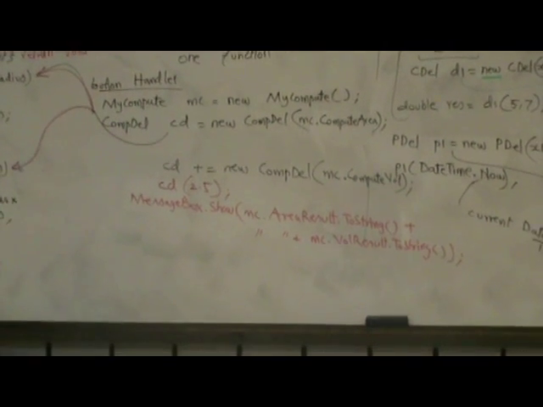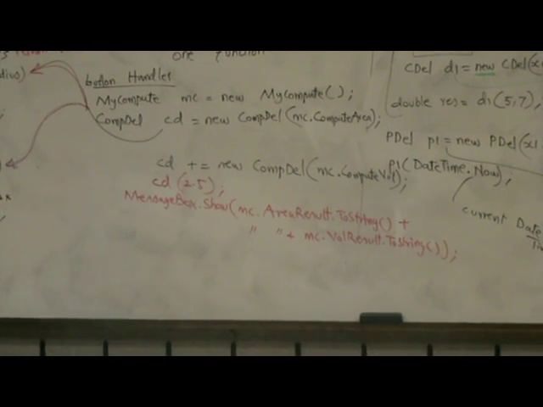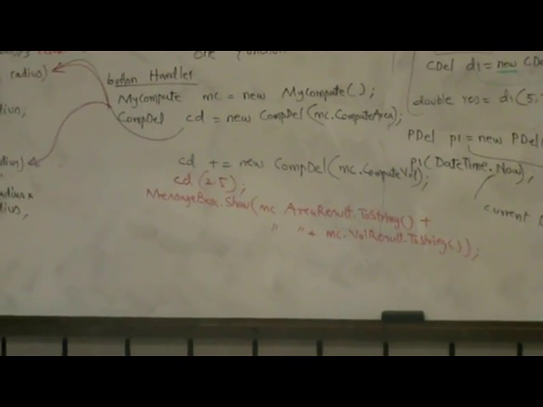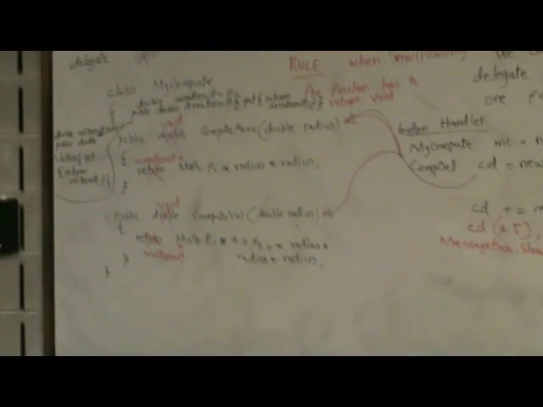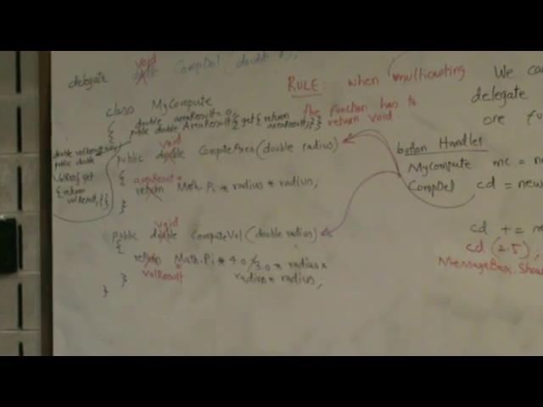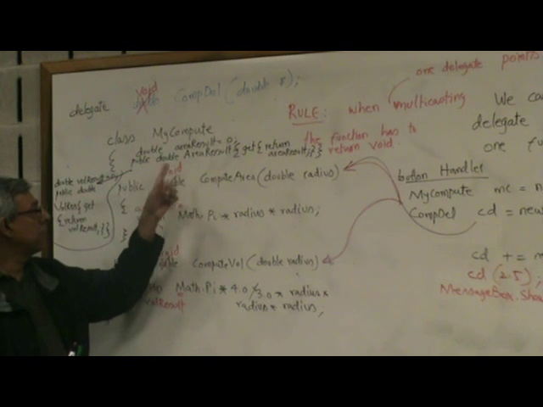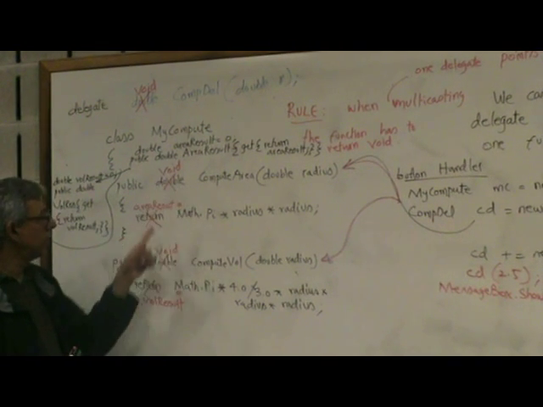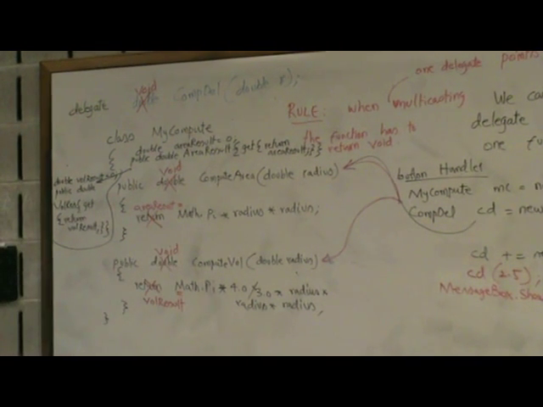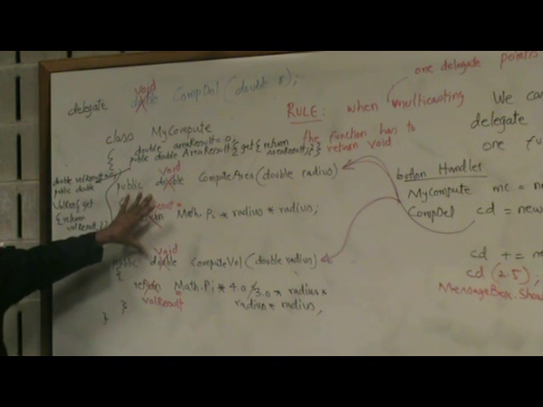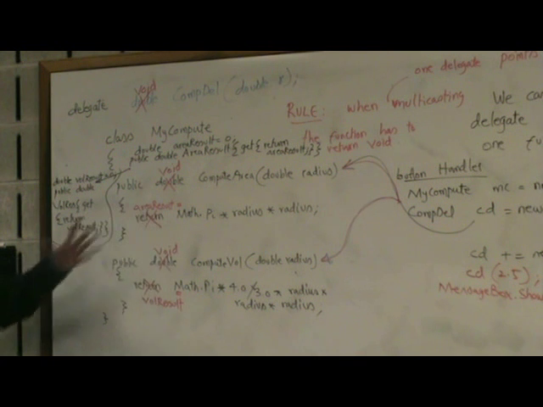Okay. So to summarize, if we wanted one delegate to point to more than one function, what's the requirement? The requirement is the delegate should be of the type that returns void, because otherwise, if it was returning one particular value, we will not know which answer it will store, right?